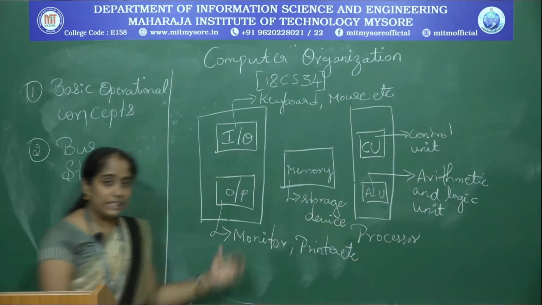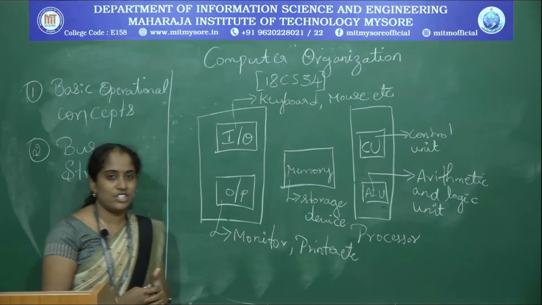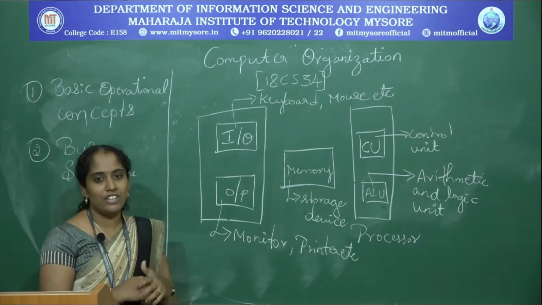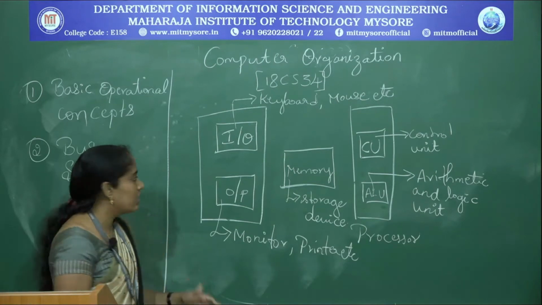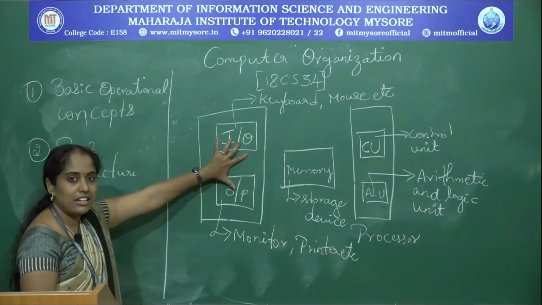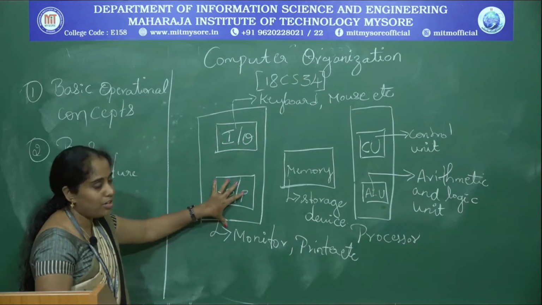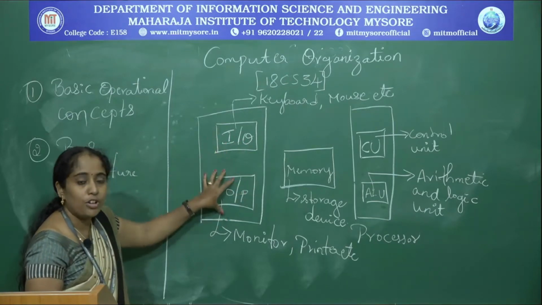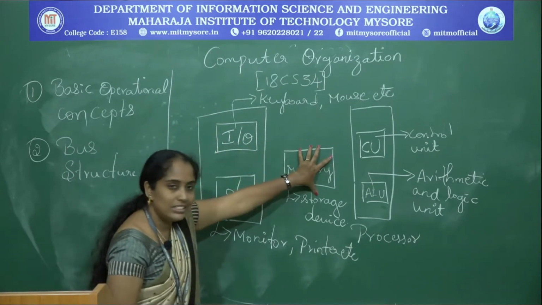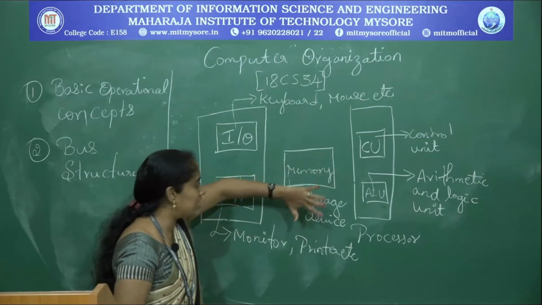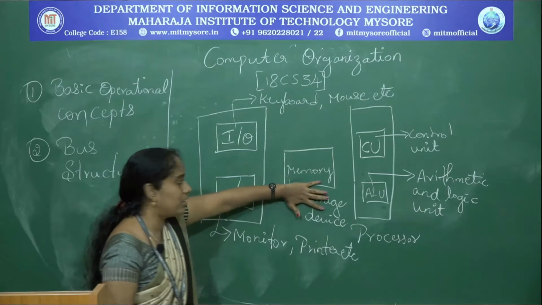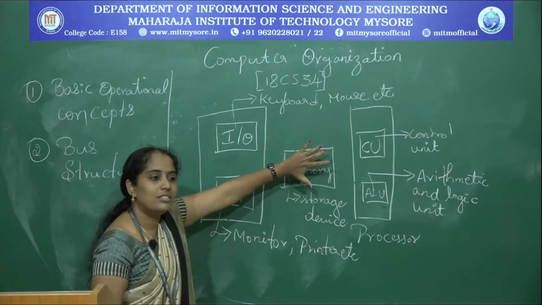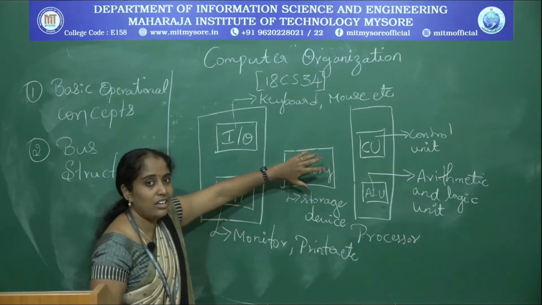In this computer organization subject, in the first module we are studying only the basic things. In the second module we are studying the input and output devices and input output operations. In the next module we will study the memory operations and circuits and different operations on the memory.